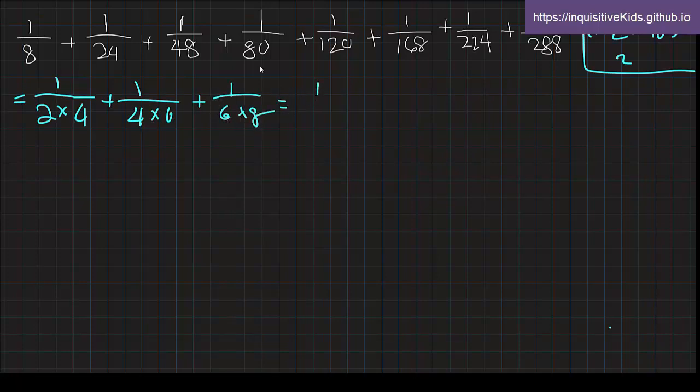80 is 8 times 10. And all the even numbers. Just keep going on like this until we have, right over here, this is 10, 12, 12, 14, 14, 16, and over here would be 1 over 16 times 18.